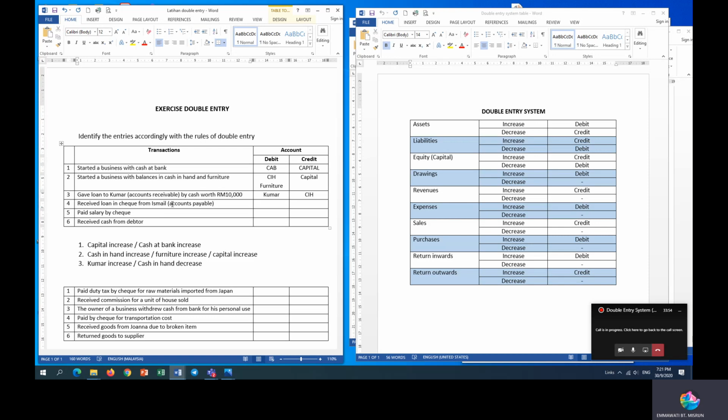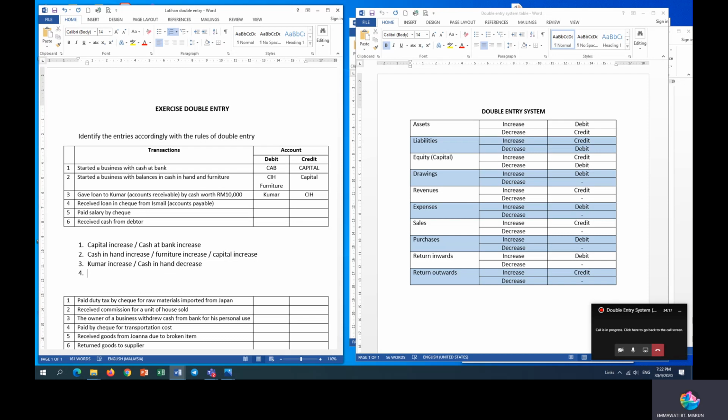Creditors adalah pemiutang. Maknanya kita telah berhutang dengan Ismail. Jadi siapakah Ismail? So Ismail is our liability, our current liability. Okay, liability semasa. So awak telah terima loan dalam bentuk cek. Okay. So kita tulis dulu nama Ismail.